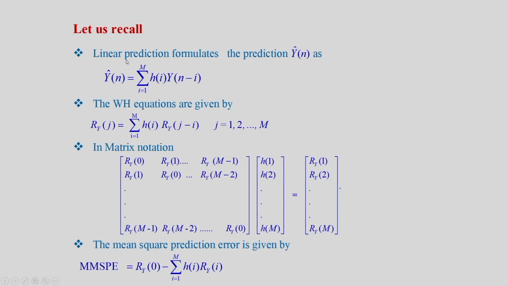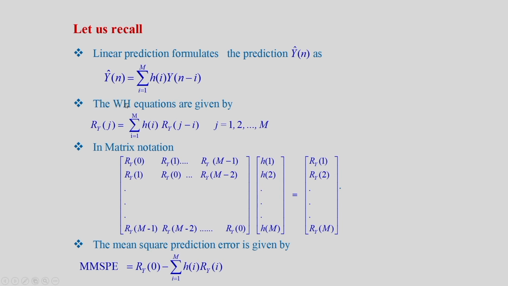Let us recall, linear prediction formulates the prediction y hat n as y hat n equals summation h_i y[n minus i], i going from 1 to m.